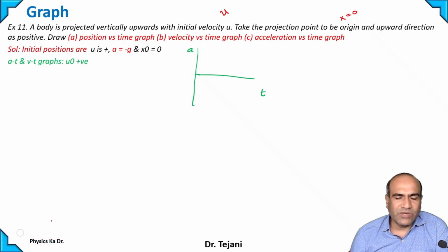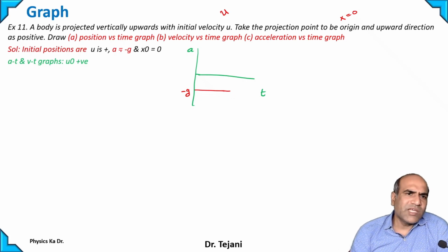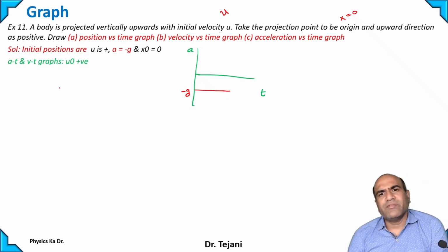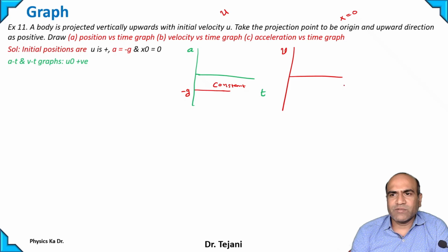So here our solution is like that. Here it is minus g. Then what next? The a-t and v-t graphs. Since a is constant, for velocity versus time the graph should be linear.